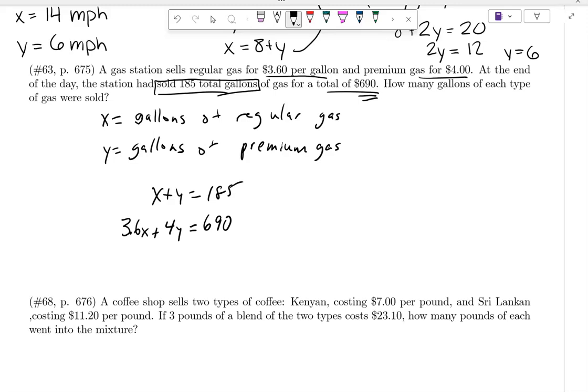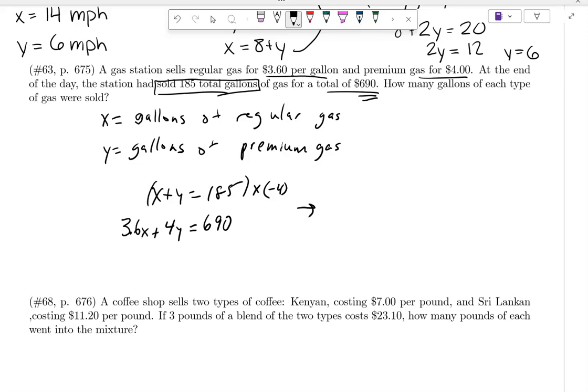The Y's? Sure. What would you need to do to multiply the first equation to make them match? 4. And I'm always going to multiply it by the opposite so that I can always add my equations to eliminate. We'll see why later. Okay?